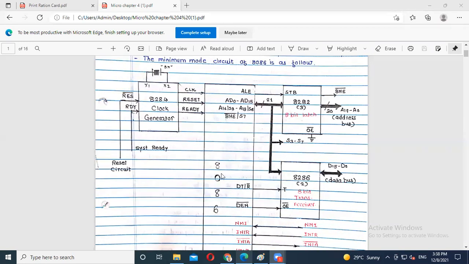Along with the 8086, we use three more chips. First, the 8284 clock generator. Then the 8282, which we use as an 8-bit latch. And one more, the 8286, which we use as a transmitter as well as a receiver.